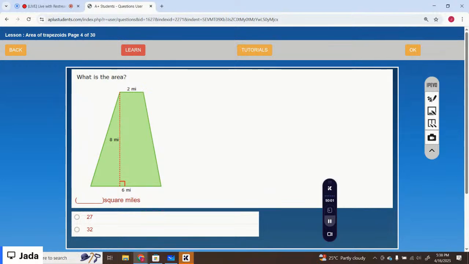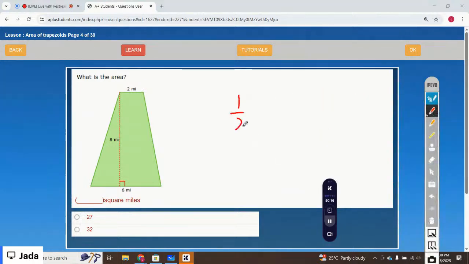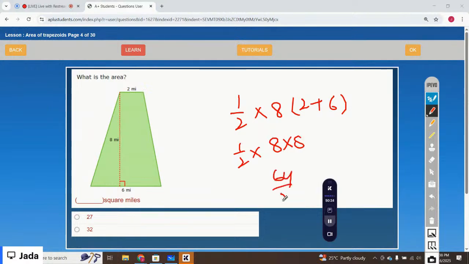What is the area? That is half times height and sum of the bases. So 1 by 2 times 8 times 8, that is 64 over 2 equals 32.